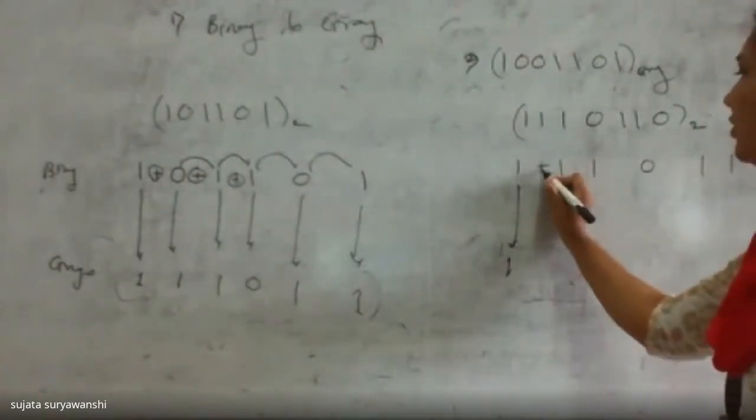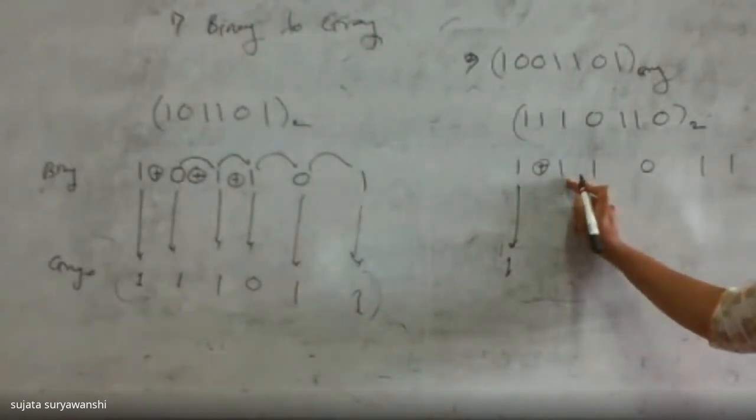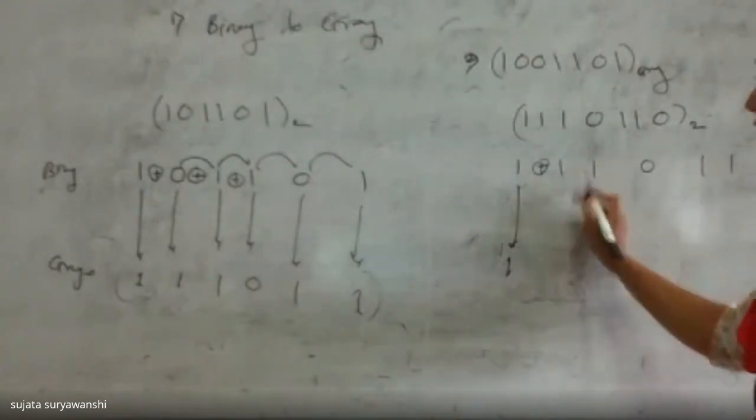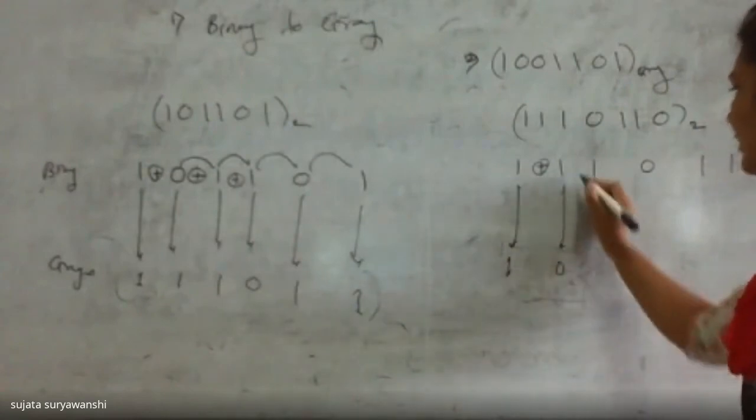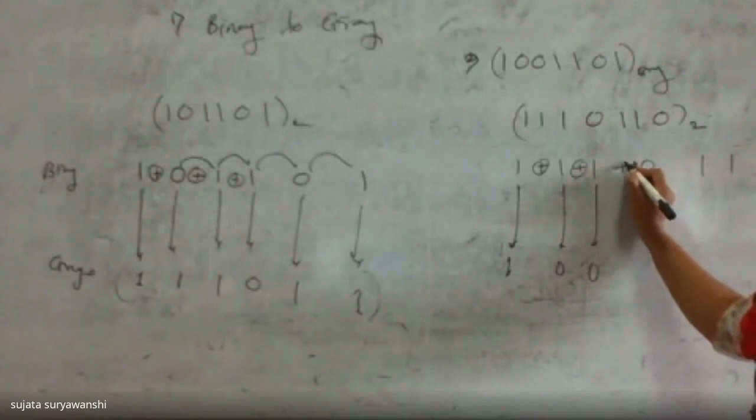Then the first should be XORed with the second bit, that is 1 XORed with 1 is equal to 0. Then 1 XORed with 1 is equal to 0. 1 XORed with 0 is equal to 1. 1 XORed with 0 is equal to 1. And 1 XORed with 1 is equal to 0. So this is the gray equivalent of the given binary number.